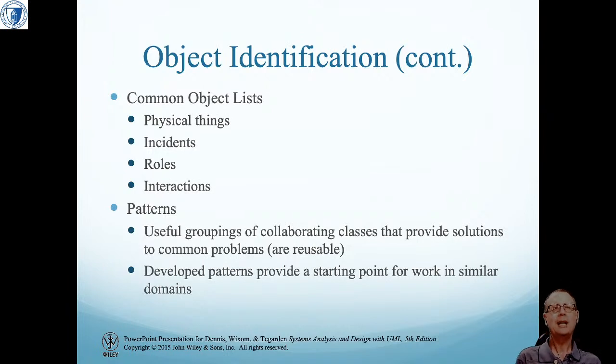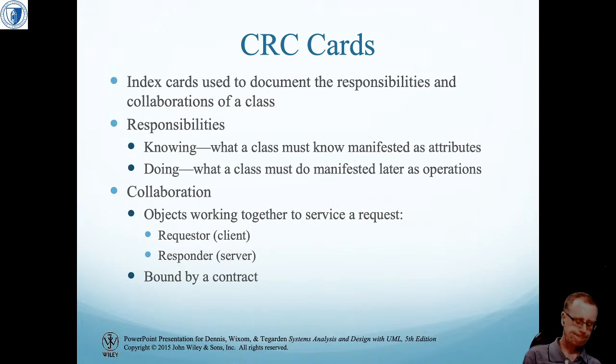Common things that you would have in an object are physical things, incidents, roles, or interactions. There are patterns that you can use that are solutions to commonly known problems, and we might talk about some patterns later on once we get a little bit further along with the design.